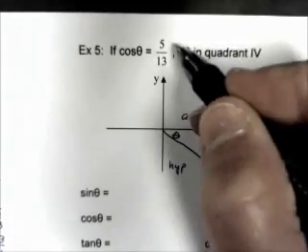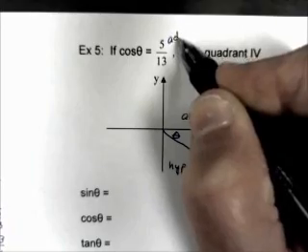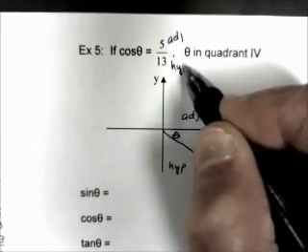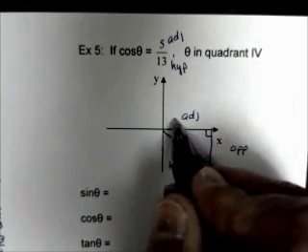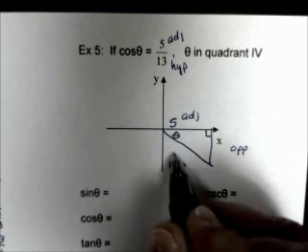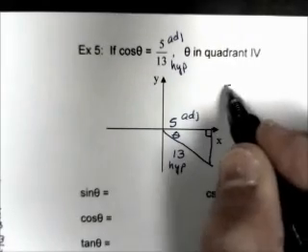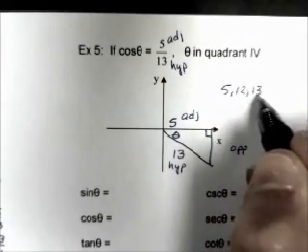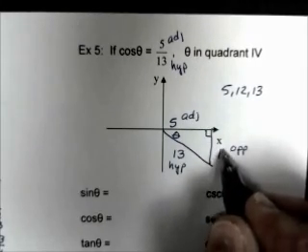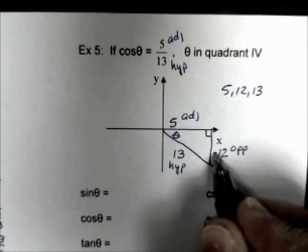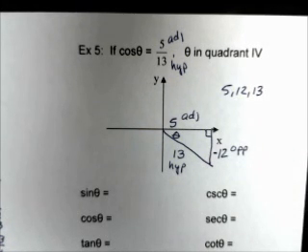Cosine, that is adjacent over hypotenuse. So our adjacent side is 5, and our hypotenuse is 13. This is a 5, 12, 13 Pythagorean triple, so our other side is 12. It's a negative portion of the y, so I'll put -12.